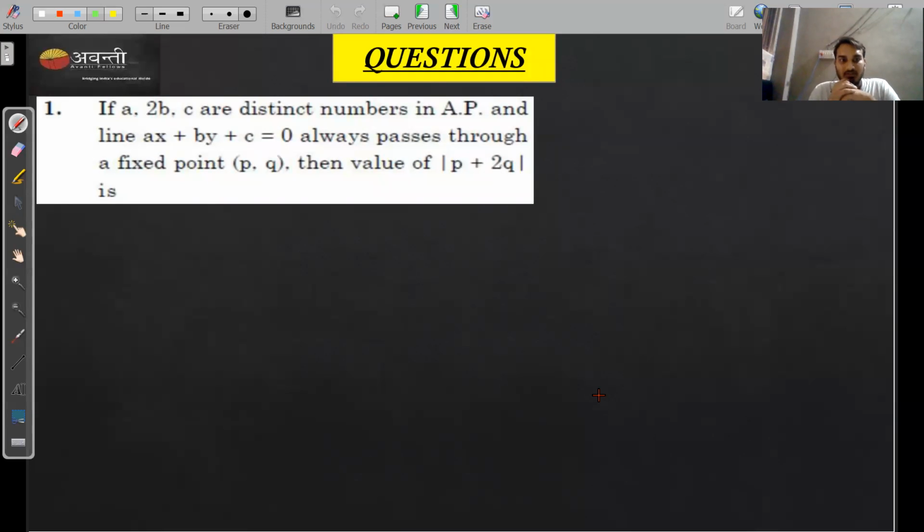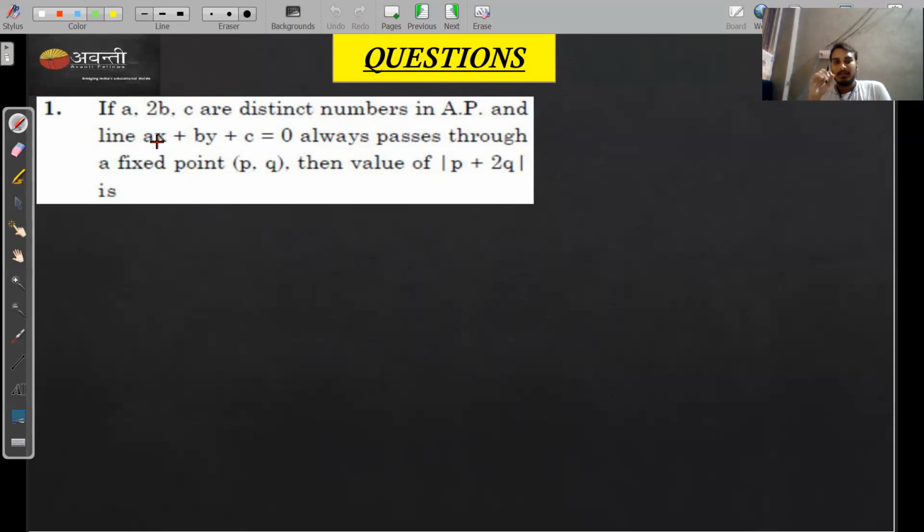Let's say this first question. The first question is saying A, 2B and C are distinct numbers and they are in AP, and the equation of a line is given. The line is passing through a fixed point P comma Q, right? So we have to find modulus of P plus 2Q.